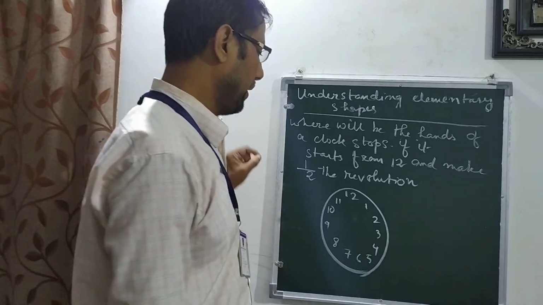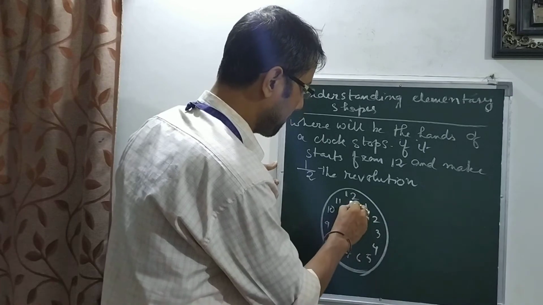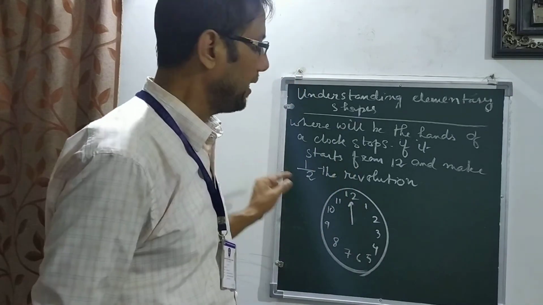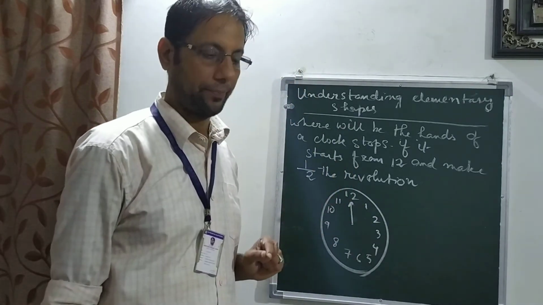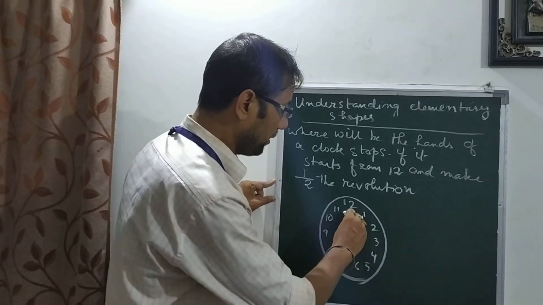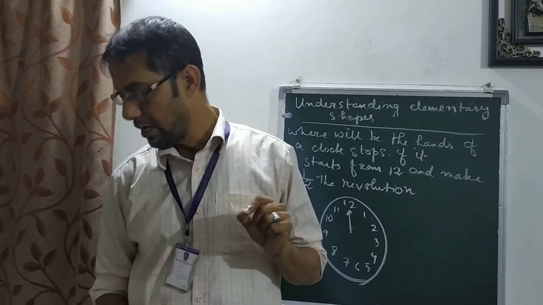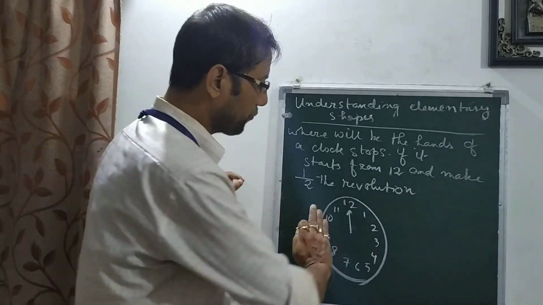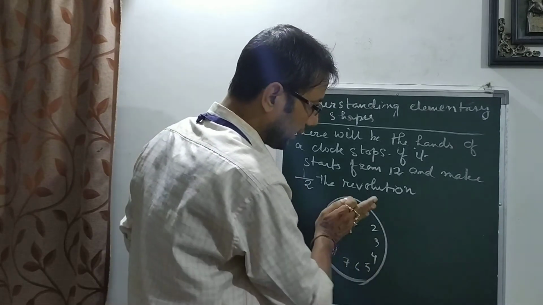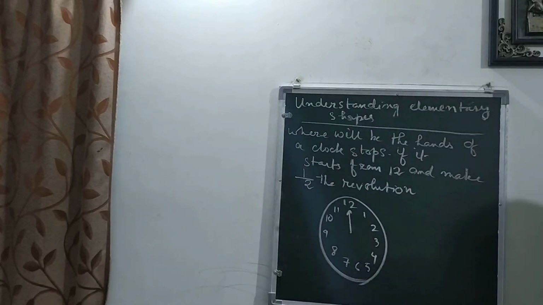Suppose this is the minute hand. When this minute hand turns clockwise, half the revolution clockwise means the minute hand turns like this.